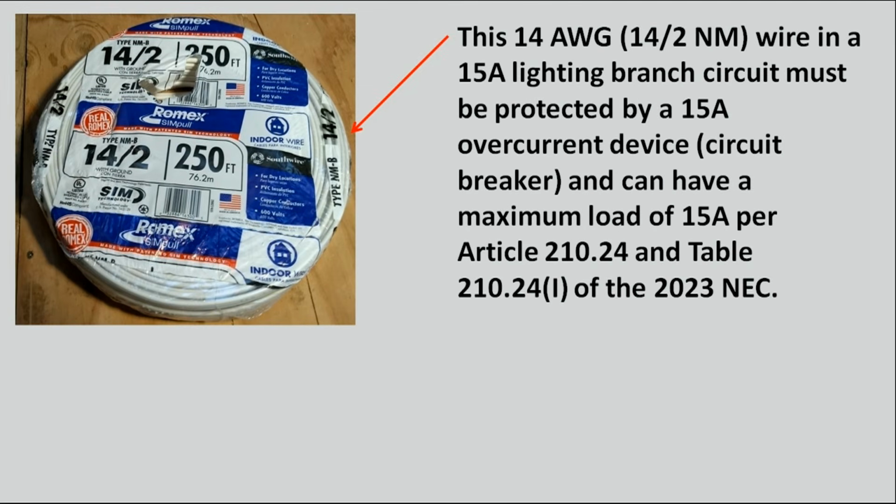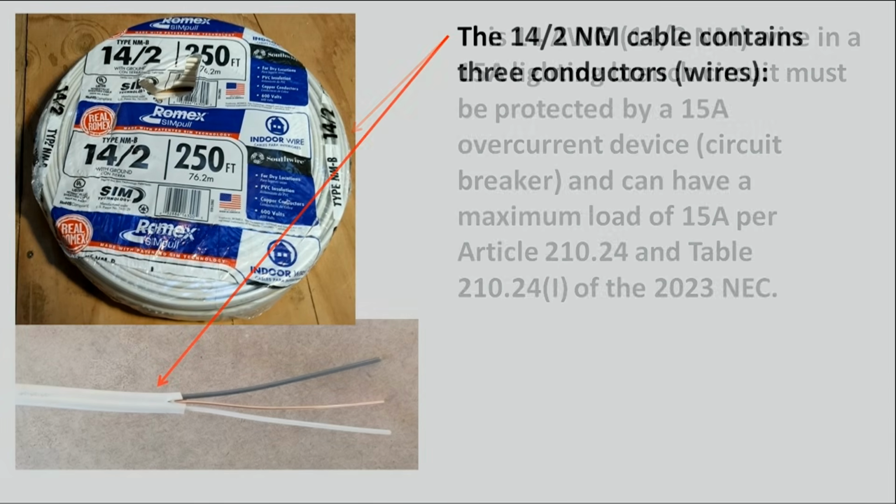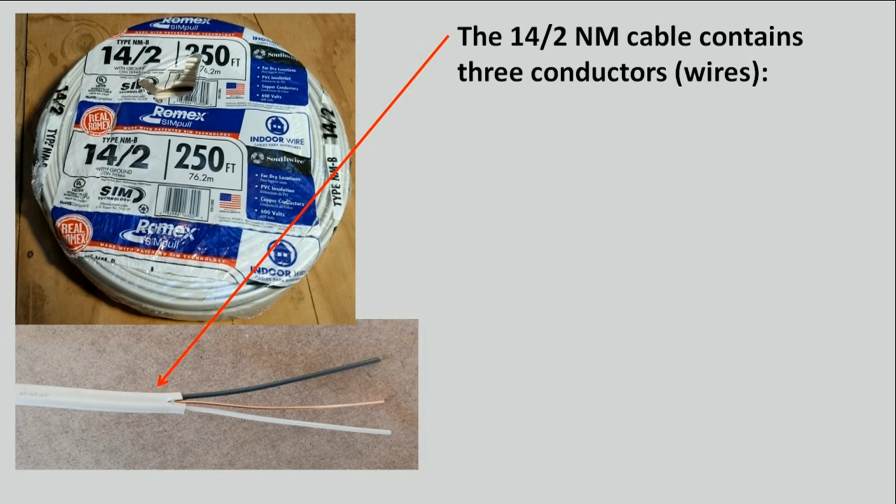This 14-gauge, 2 NM wire in a 15 amps lighting branch circuit must be protected by a 15 amps overcurrent device, circuit breaker, and can have a maximum load of 15 amps per Article 210.24 and Table 210.24 I of the 2023 NEC. The 2 NM cable contains 3 conductors, wires.